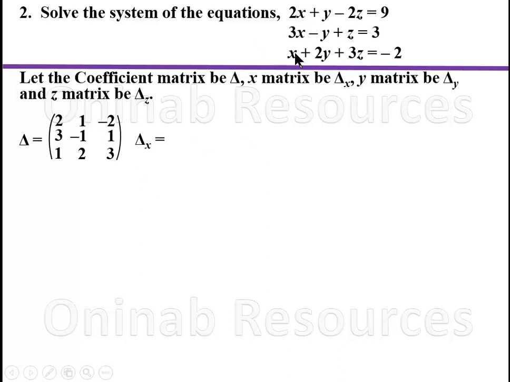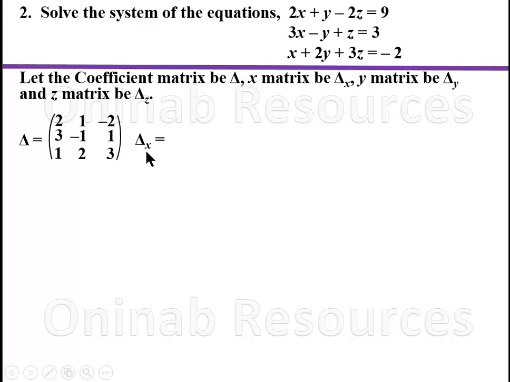The first column is the collection of coefficient of x. You can see 2, 3, 1. And the second column is the collection of coefficient of y: 1, negative 1, 2. The same thing, the third column is the collection of coefficient of z. That's negative 2, 1, 3.